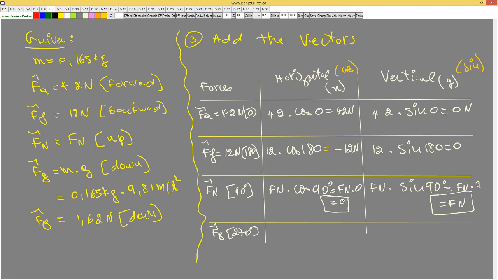Zero is absorbent. It absorbs everything. 1,000 times 0 is 0. Billion times 0 is 0. Fn times 0 is 0. Understand? So it's just going to be 0 Newton. You put the unit, yes, 0 Newton.